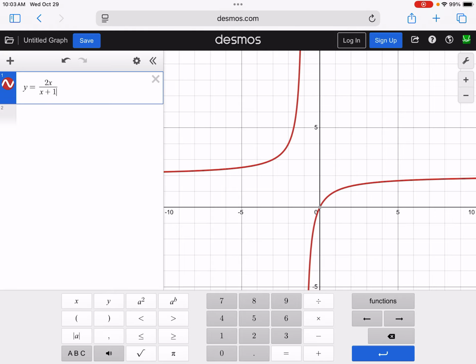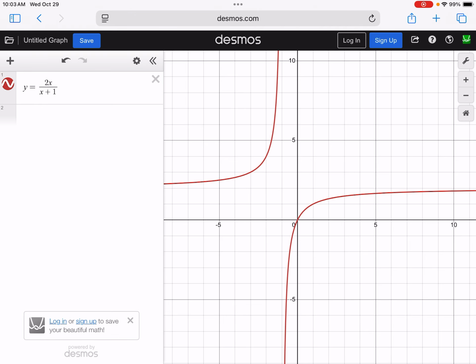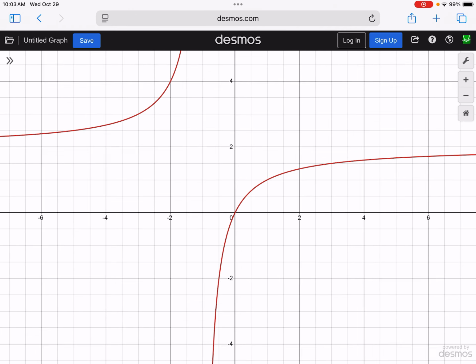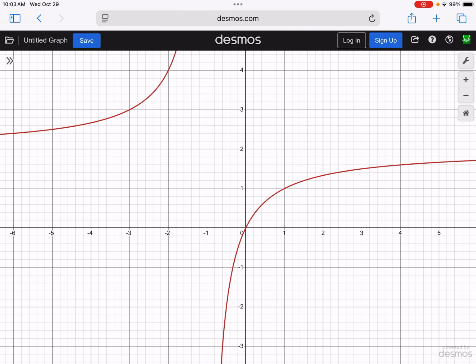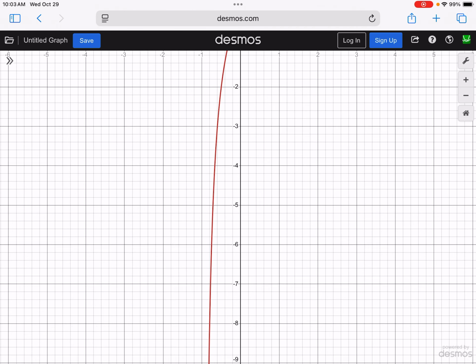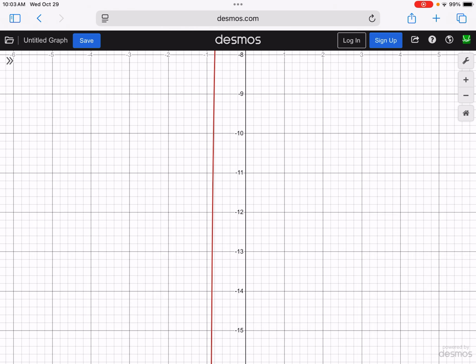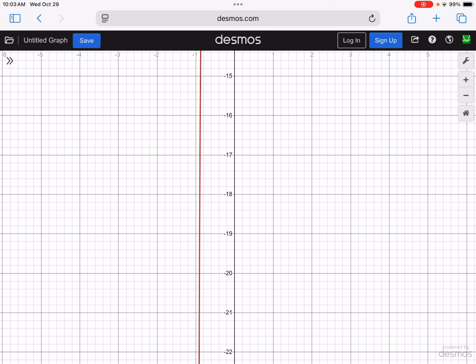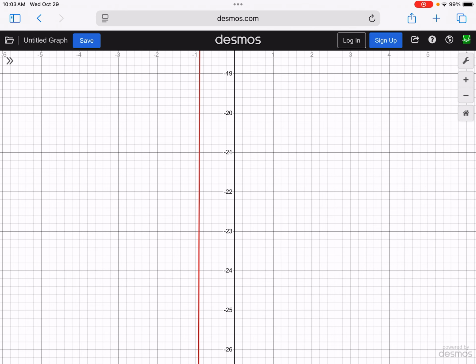Now what do we have when x is equal to -1? This is our x equals -1, right? When x equals -1, f of x is -infinity. It means, you see, if we go all the way down, the function goes to -infinity.